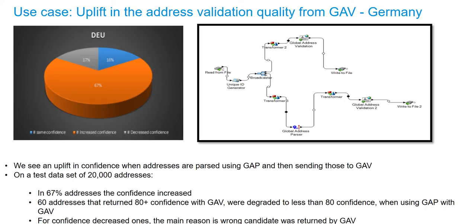So again, it's a win for the address parser, as it helped in reducing the false positives of the address validation, which is actually good. And for the UK, a major uplift wasn't observed, and that's because GAV is custom made for UK addresses, and generally it performs very well for UK data. So there wasn't much scope for improvement.